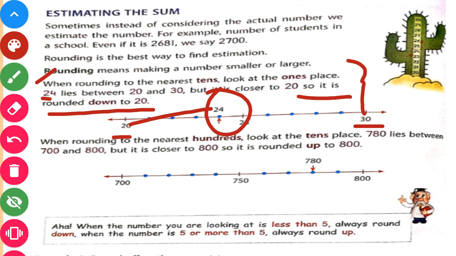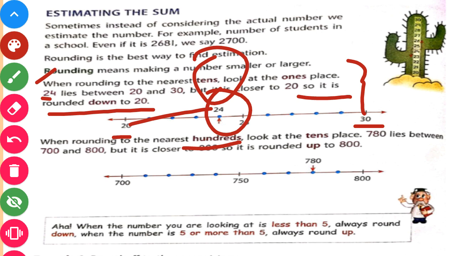Now, when rounding to the nearest hundred, look at the tens place. Like we did with tens, when we round off any number to the nearest tens, we look at the ones place. So when we round off any number to the nearest hundred, we look at the tens place.